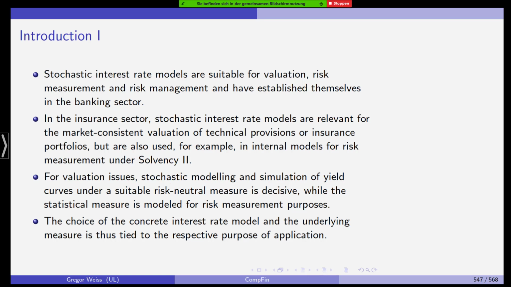Now, interest rates are also, in reality, stochastic. So interest rates change. They might change stochastically, and we need models for stochastic interest rates. Now, in the insurance sector, stochastic interest rate models are particularly relevant for the market consistent valuation of technical provisions.